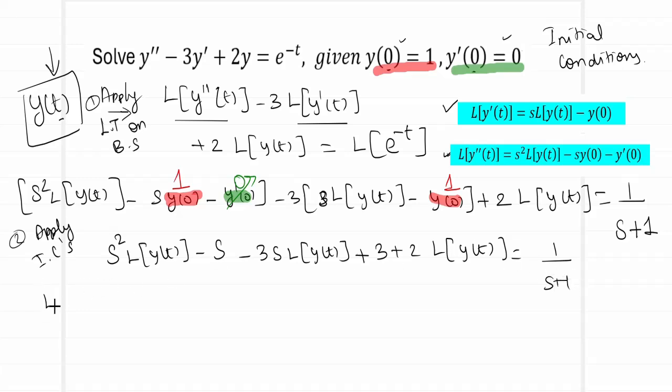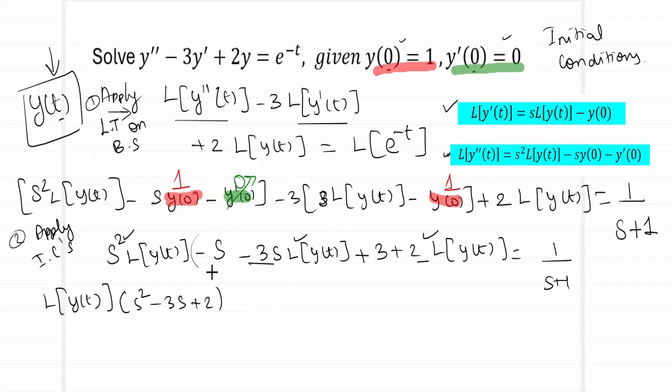Now, let me collect Laplace of y of t to one side. So, what are its coefficients? s square over here, minus 3s over here, and 2 over here. So, these are my coefficients of Laplace of y of t.